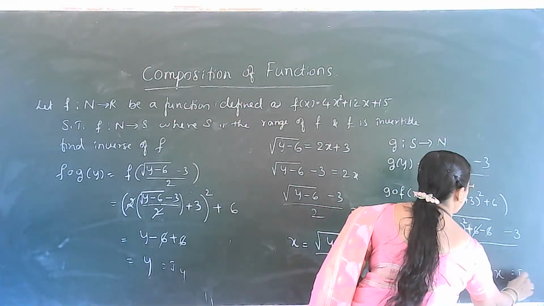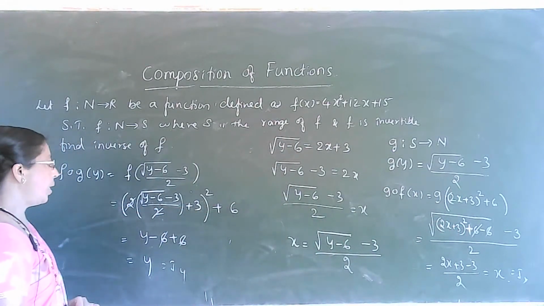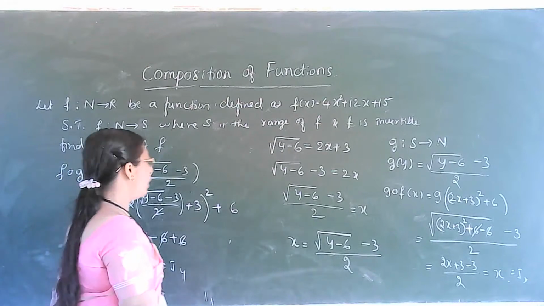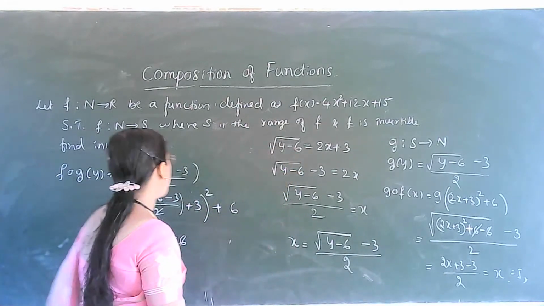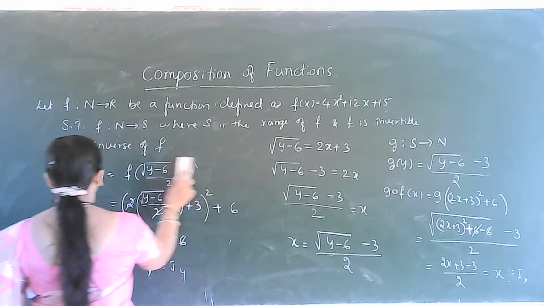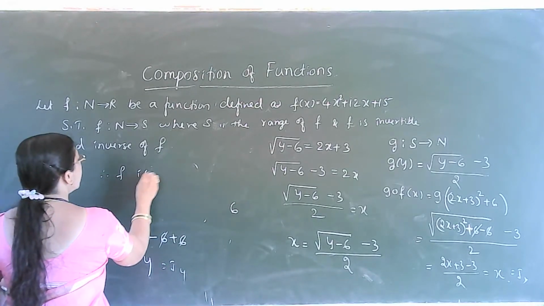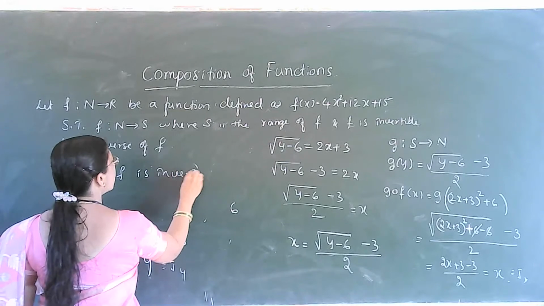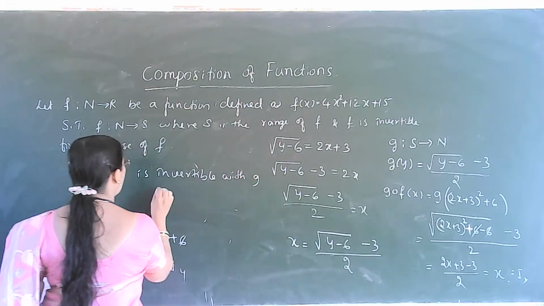Here it is I_x. Therefore, f composition g of y is equal to I_y, and g composition f of x is equal to I_x. Therefore, they are identity functions, so the function f is invertible with g.